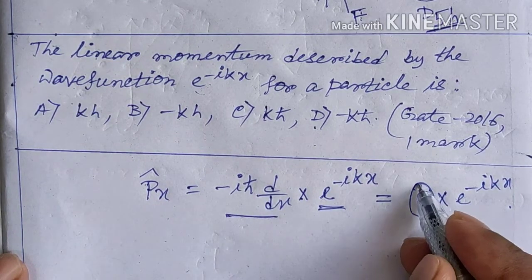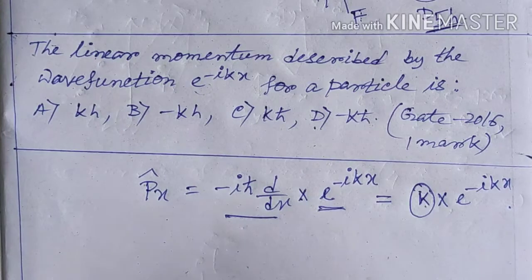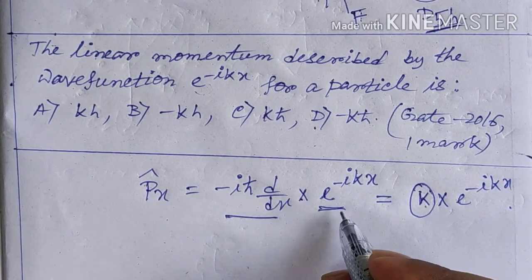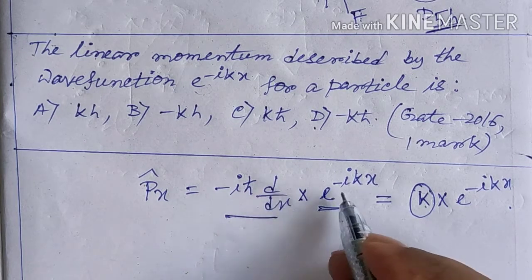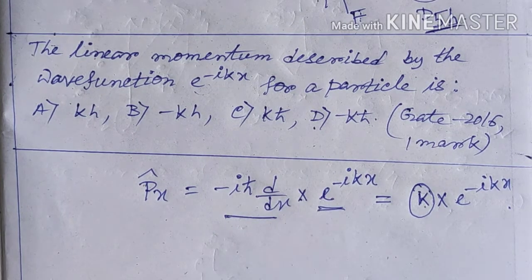We have to identify this value. In simpler form, we can say that we have to identify the eigenvalue corresponding to the operator with this eigenfunction.